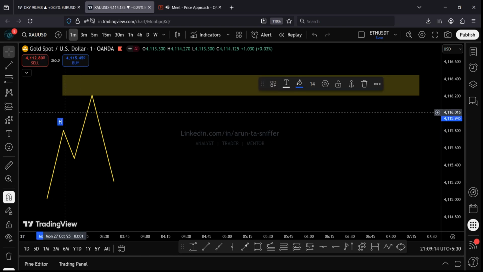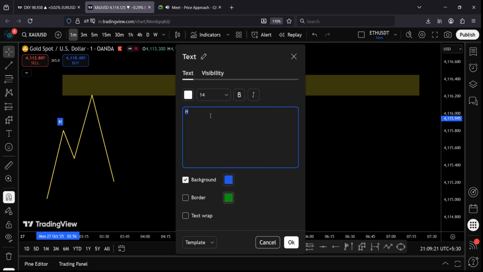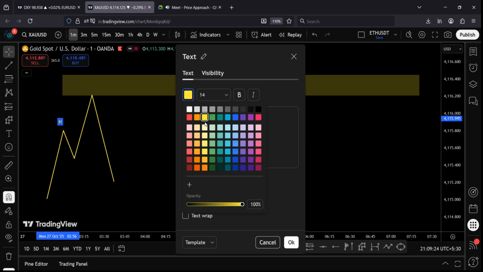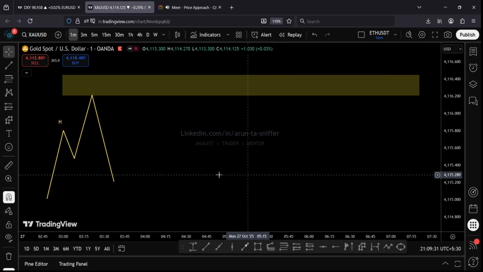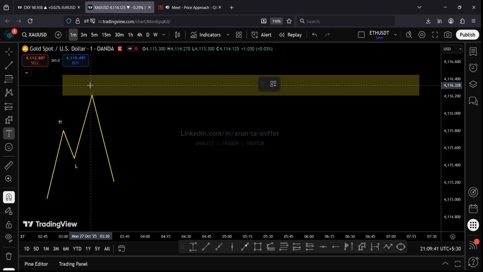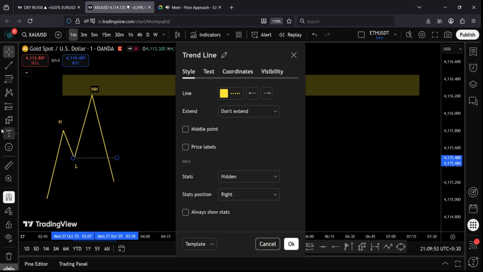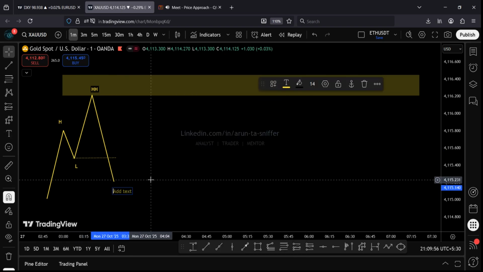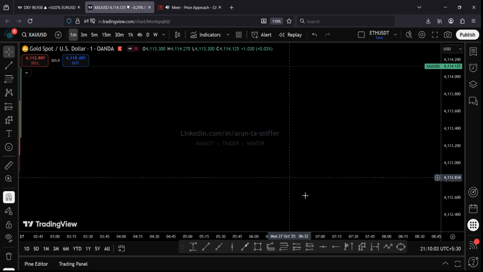Let's write it, in yellow on a black background. The higher high will touch this zone, and then price comes back, breaks this low, and makes a lower low.